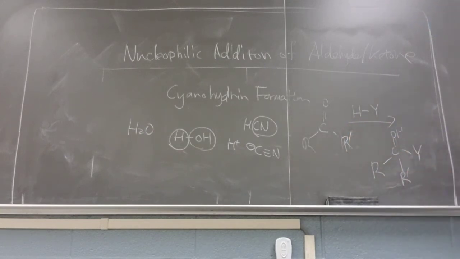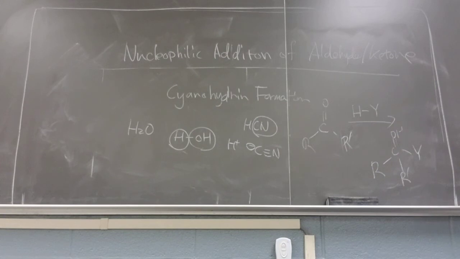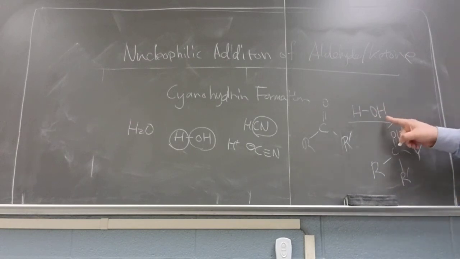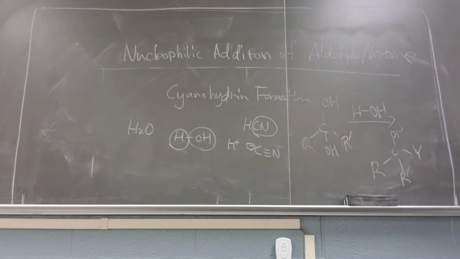So you see the hydrogen goes to the oxygen, and Y is attached there. If that is water, you're adding hydroxide here, and you're just adding hydrogen here. That's what we just did.